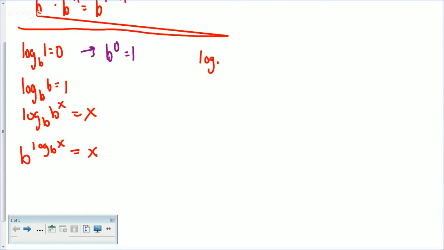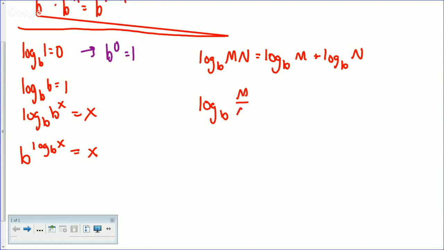Some of the more difficult ones, but the ones that you need to know. So I have log base b of mn equals log base b of m plus log base b of n. That's very similar to the multiplication we had with exponentials up there. And we have log base b of m over n, which would be log base b of m minus log base b of n.